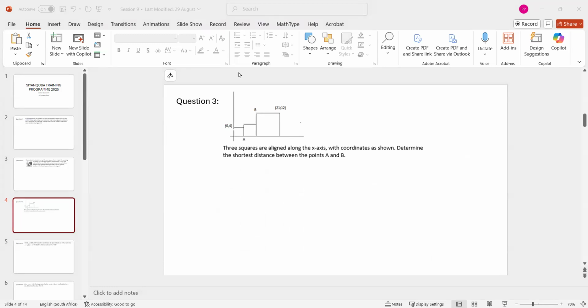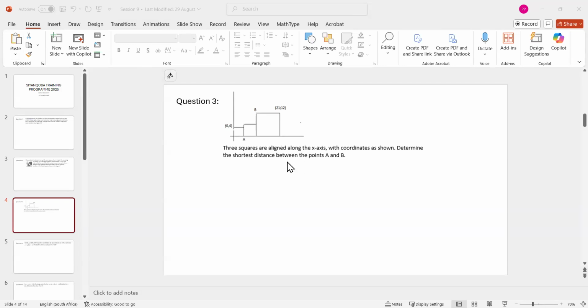I wish I knew how to make this big. Oh, there is a select function here, but it's not working.